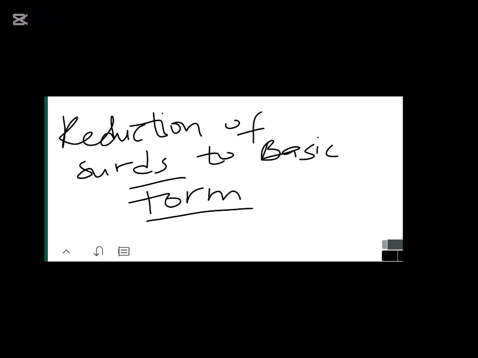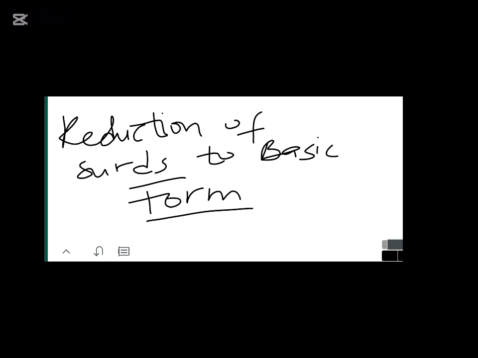In my previous video, I made mention that some complex surds can be reduced into basic form. Almost all of them can be reduced into basic form, but some of them will result in decimals. Here, we are not much interested in reduction into decimals, but into whole numbers.